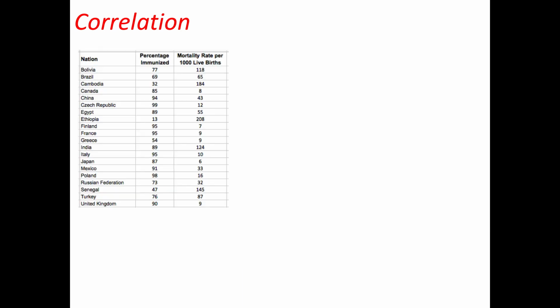If X represents the percentage of children immunized by age 1 year, and Y represents the under 5 mortality rate, we have a pair of outcomes, X sub i, Y sub i, for each nation in the sample, as shown here.